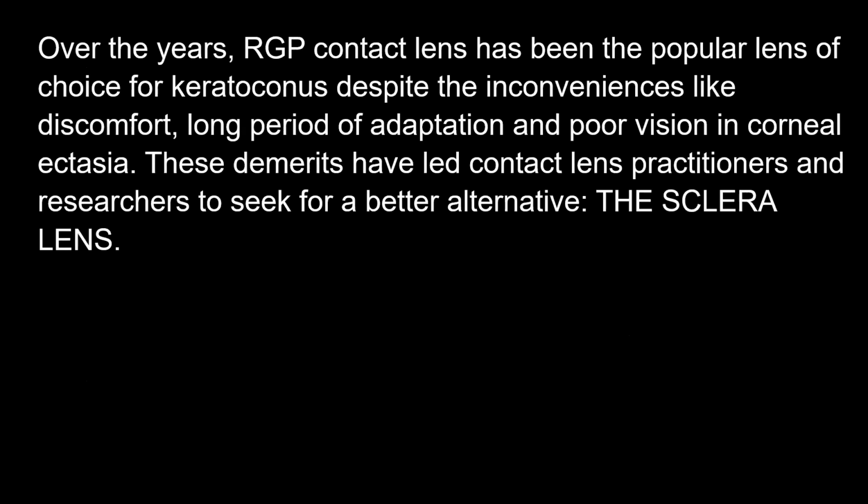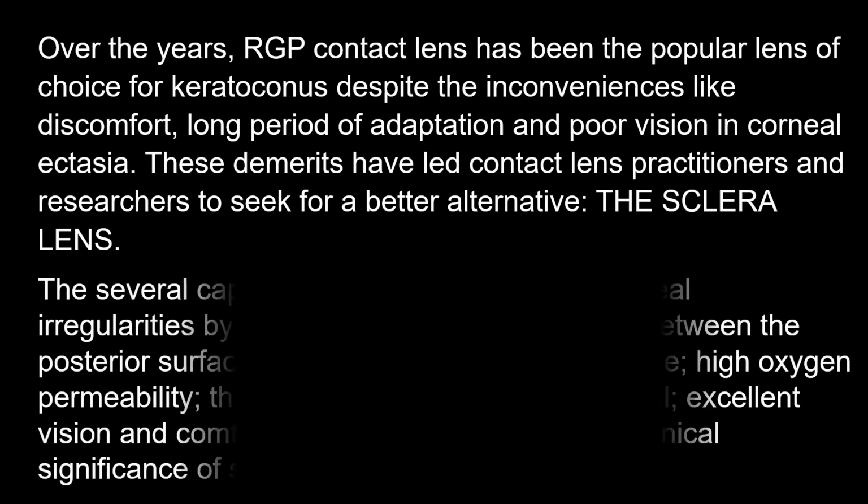However, because these RGPs sit on the cornea, yes, you have the crisp or sharp vision from the RGP contact lenses, but comfort is compromised because the lenses sit on the cornea.